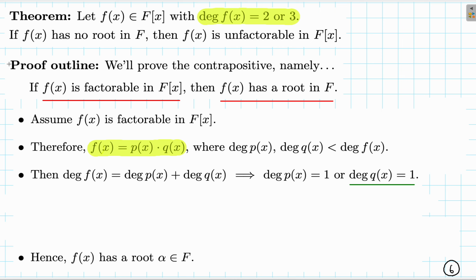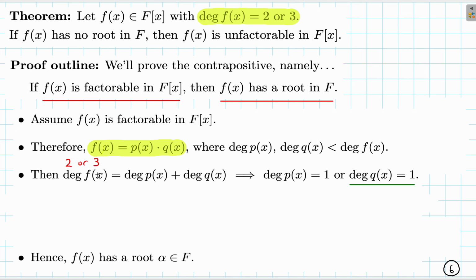And here's where we use the fact that the degree of f of x is 2 or 3. We also know that the degree of p of x and degree of q of x are both less than the degree of f of x. So the only way this is possible, if the degree of f of x is 2, then we'd have 1 plus 1.